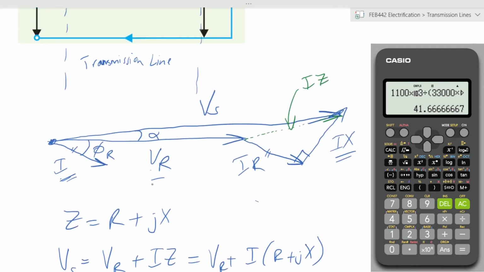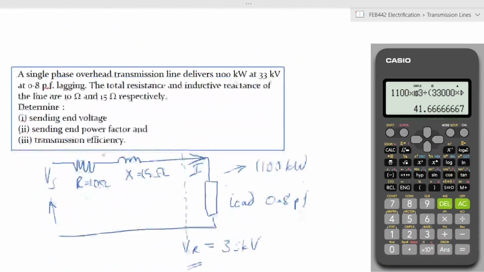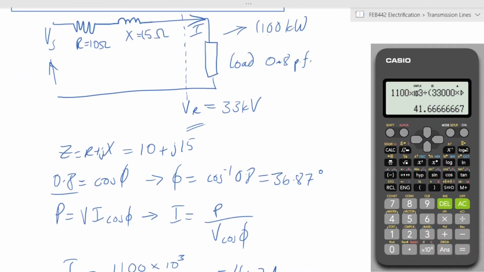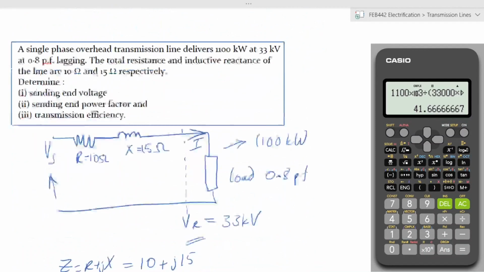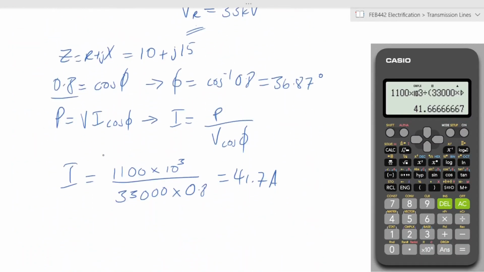However, remember our phasor diagram here, right? The voltage at the receiving end is at 0, but your current has a phase angle phi, which is what we have calculated here. Okay? So in this particular case, your power angle, or rather your phase angle, will be included in your answer.